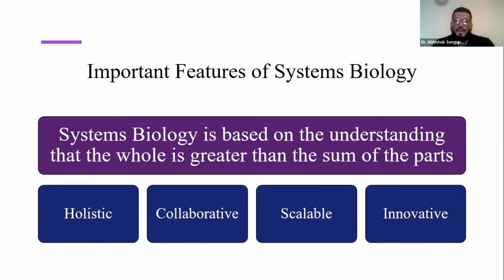Now, next are the important features of systems biology. It has been responsible for some of the most important developments in the science of human health and environmental sustainability. It is a holistic approach to deciphering the complexity of biological systems, one that starts from the understanding that the networks that form the whole of living organisms are more than the sum of their parts, right?